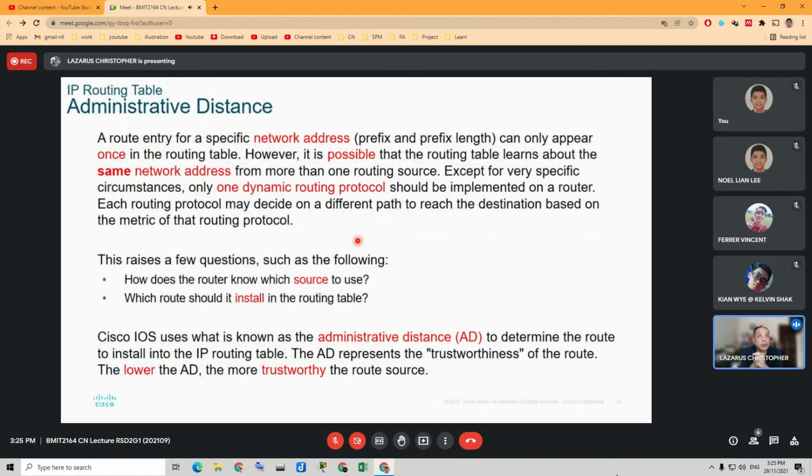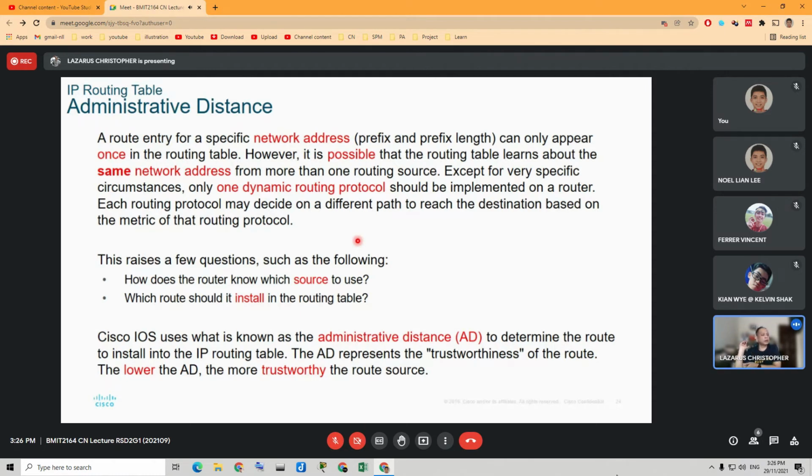RIP, OSPF, and EIGRP are all dynamic routing protocols. Just because the router supports it and you can enable all three, you should only use one. I can't imagine a case unless you have a mixture of routers, where maybe you still have an old router that only supports RIP, so you enable RIP.